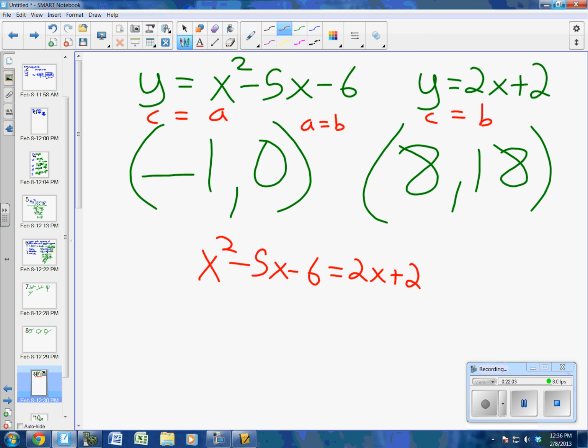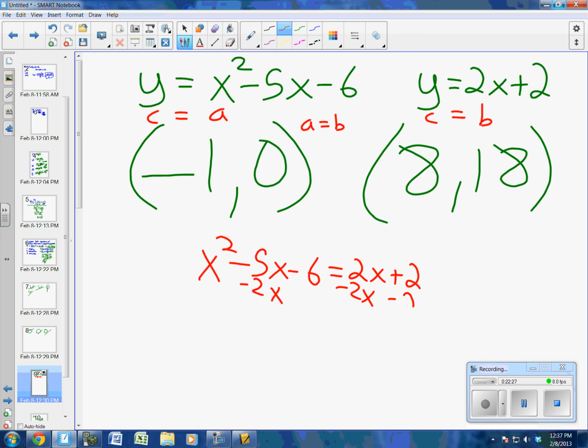What kind of equation is that? It's quadratic. How can we tell? It's x squared, right? Now, what's the difference about this quadratic than the ones we've been looking at? Yeah, we don't have 0 on one side. Can we get 0 on one side? Yeah. Let's minus 2x from both sides.